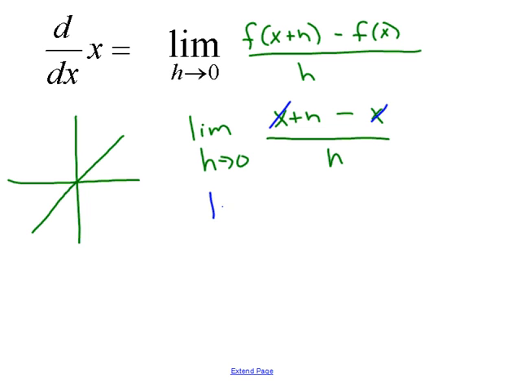Then we have the limit as h approaches 0 of h over h, which reduces to the limit as h approaches 0 of 1, and the limit as h approaches 0 of a constant is just that constant. And so our derivative of x is 1.